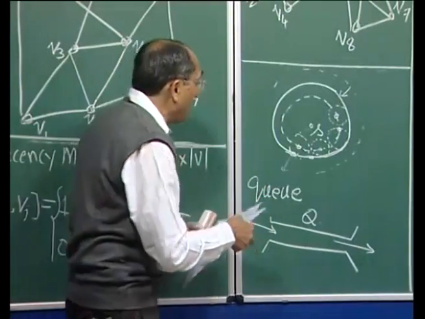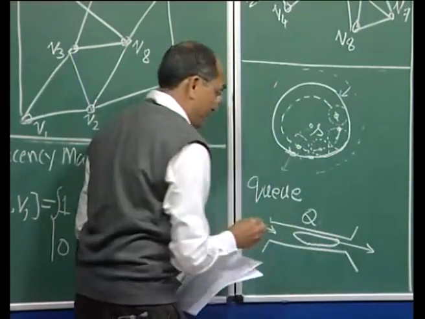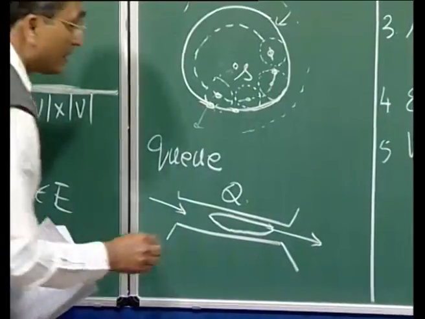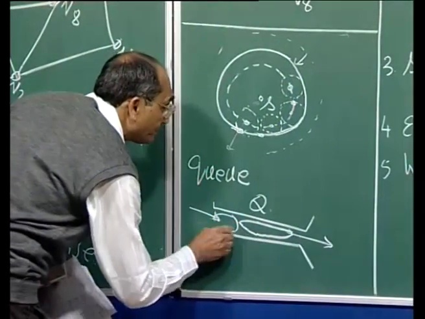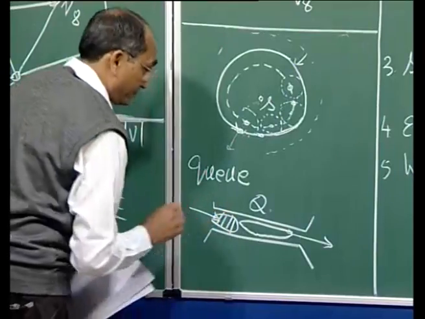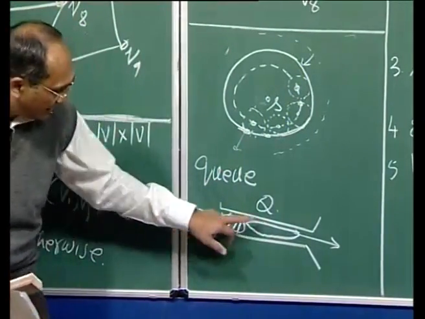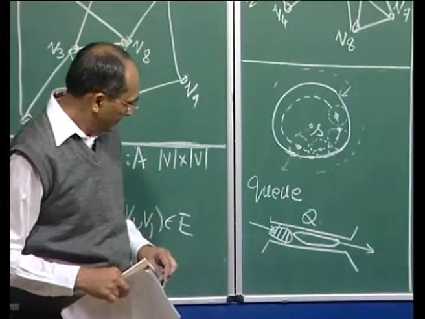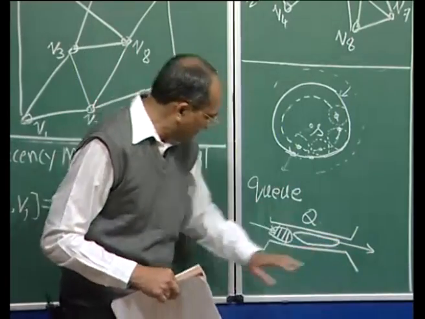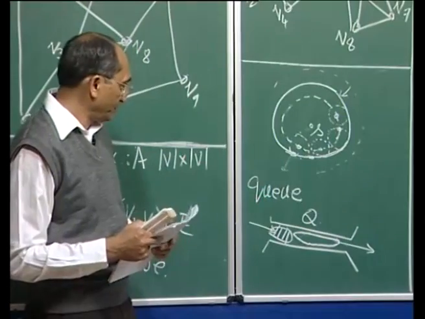If there are vertices in this portion corresponding to the same wavefront, the vertices of the next wavefront will always be behind them, and you will not start discovering their neighbors until you are done with the neighbors of these vertices, because of the data structure. That justifies the use of Q.